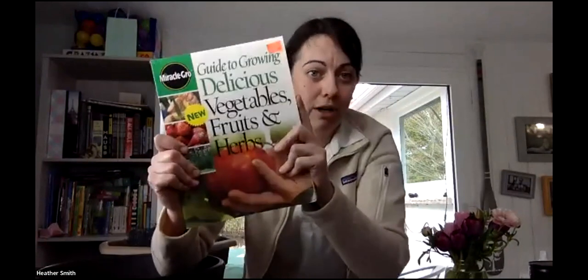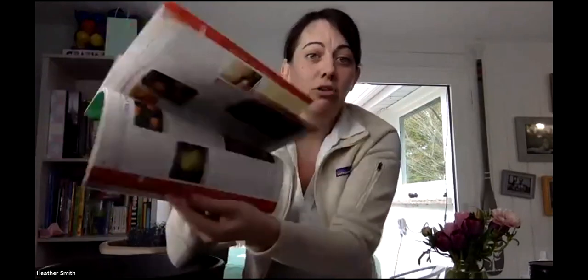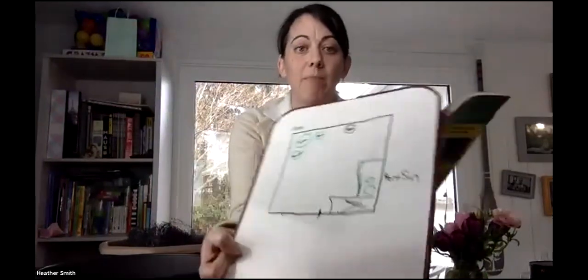And then I just also recommend, if you are really into gardening and this is something you really want to do, don't just use the internet. The internet is great, but buy a book. Buy a book, use it, write in it, put notes in it, mark up what you've done, keep your loose pages. If you do your little map on a piece of paper, keep your paper from year to year.